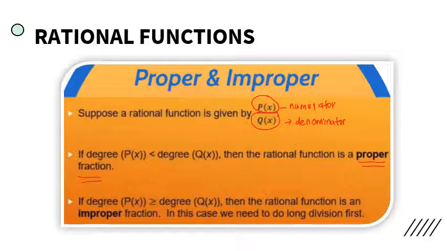However, if the degree of p(x) is greater than or equal to the degree of q(x), then the rational function is an improper fraction. In this case, we need to do a long division first. We have studied long division in a previous chapter.